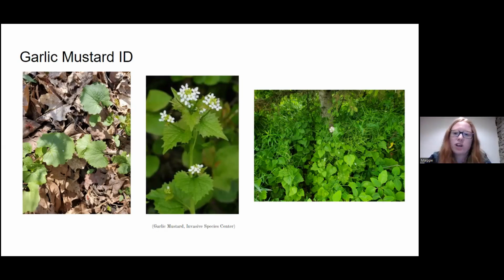And the third photo is a stand of garlic mustard. Around that tree there is pretty much only garlic mustard with a couple of other species mixed in. So the garlic mustard has really taken over that area.